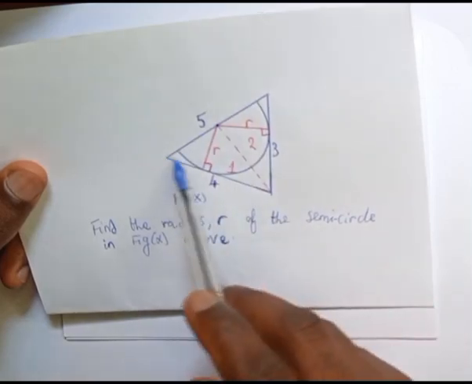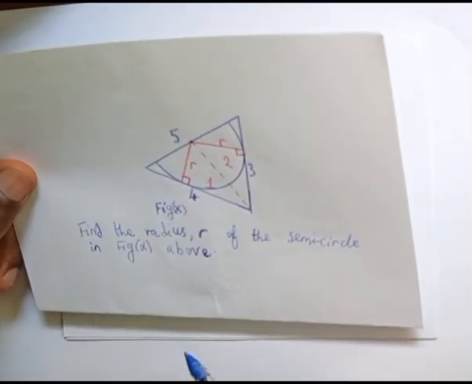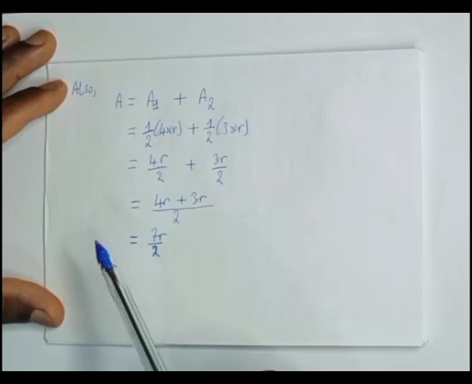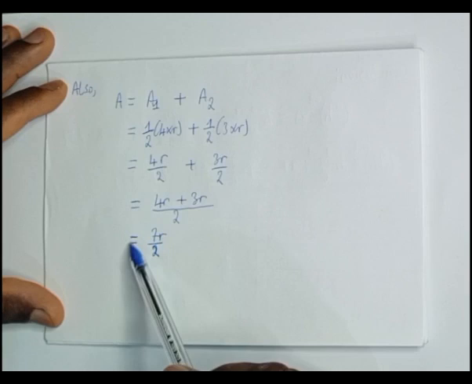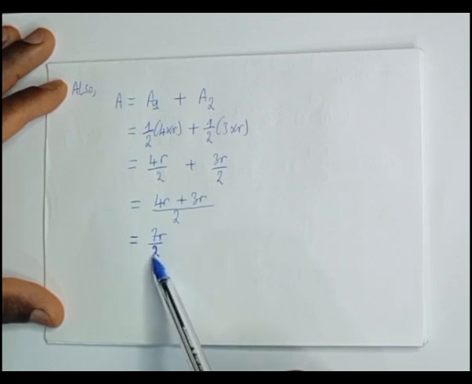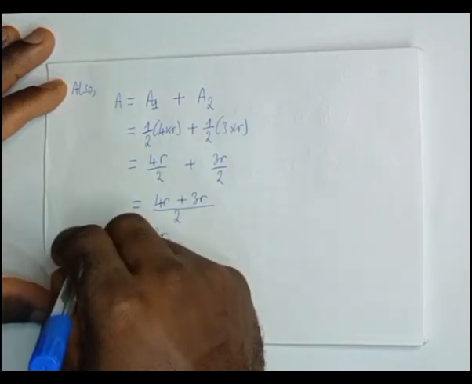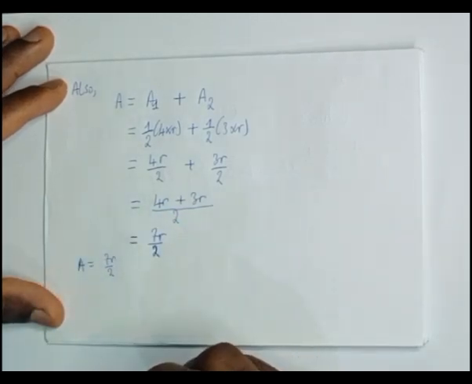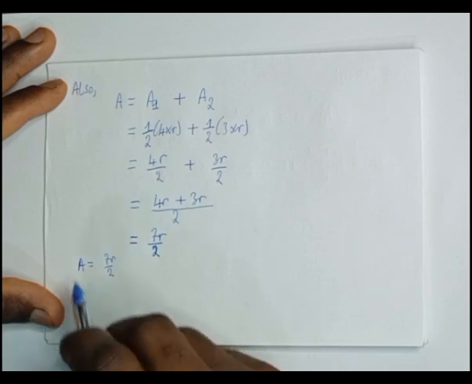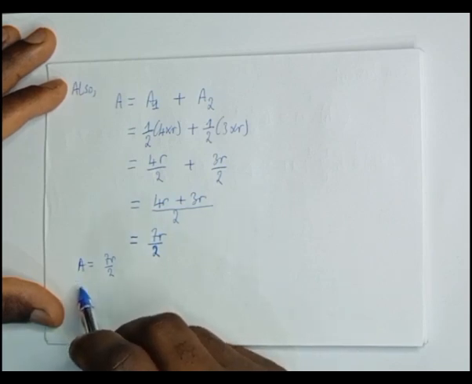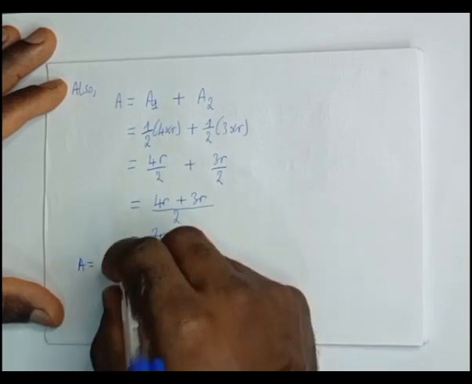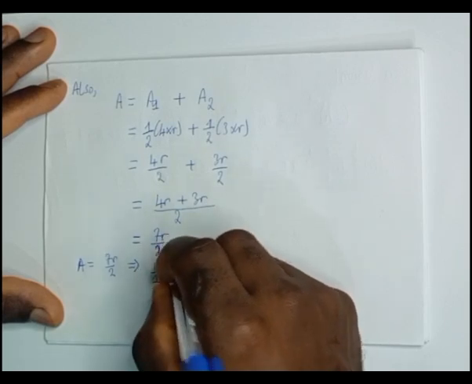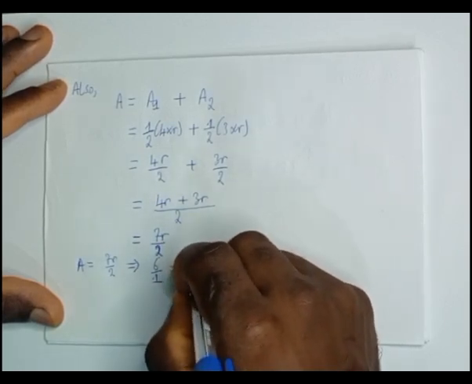Remember, we calculated the area of this triangle above by making use of Hero's formula, and we had the area as 6 units squared. The area of the triangle is equal to 7r all over 2. From above, we calculated the area of the triangle A, and it gave us 6 units squared. We are going to replace A with 6, then 6, which can be expressed as 6 over 1, is equal to 7r over 2.